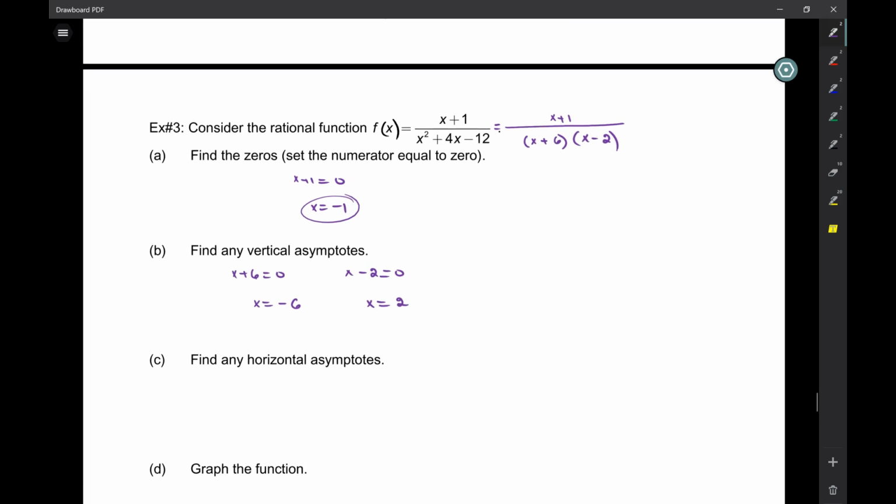For the horizontal asymptotes, I have to compare the degrees from the top and the bottom, the terms with the highest exponent from the top and the bottom. For that, I go to my original function, and I'm going to compare that with that. All right, where is the higher exponent? The bottom. So what's the horizontal asymptote? Y equals 0.